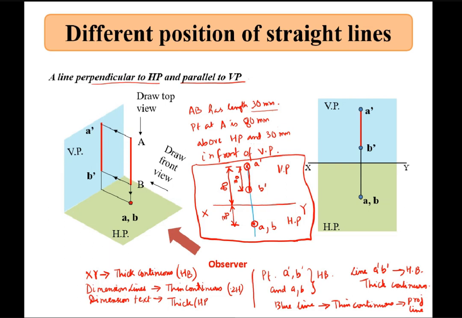If both the front view A dash, B dash and AB lie above the XY line, then my straight line is in second quadrant. Yes, sir. If A dash, B dash is below the XY line and AB is above the XY line, then what does it denote? My straight line is in third quadrant. So even if you do not write VP and HP, if you give the proper annotations, the proper naming of the points, from that also I will be able to understand which one is front view and which one is top view.